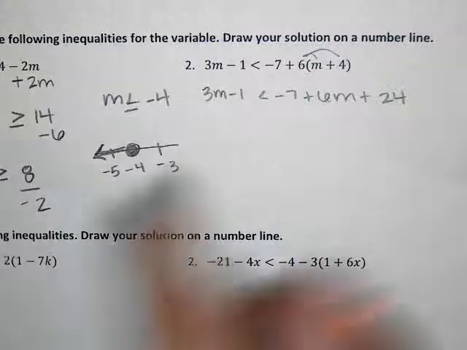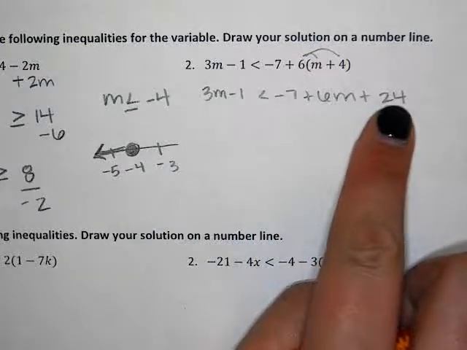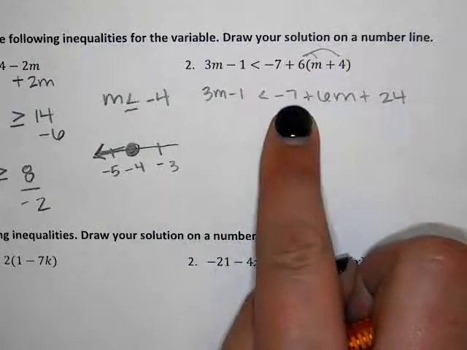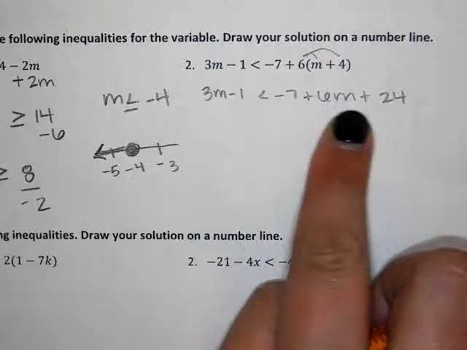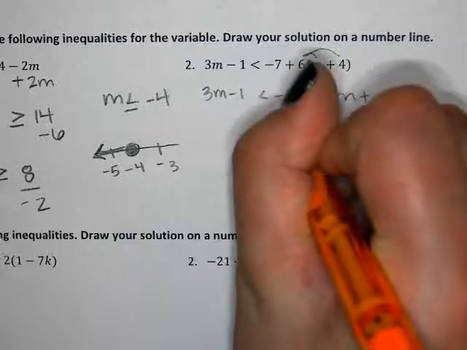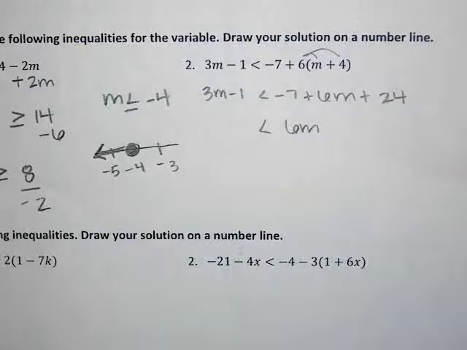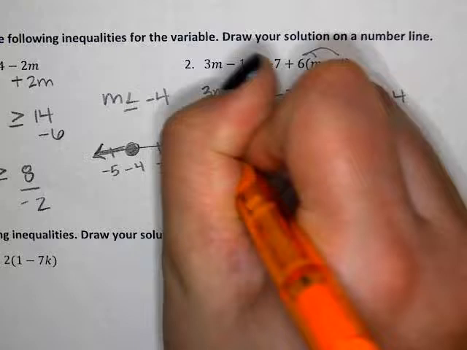So I'm not going to do anything to the left side, but what should I do over here? Simplify. Yeah, we're going to simplify. We're going to combine like terms. So I have 6m, and then what else do I have? 17. Perfect. Okay. 3m minus 1.